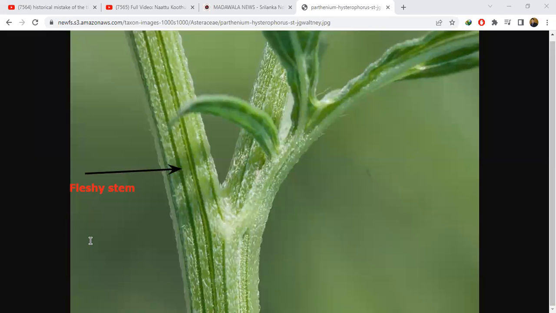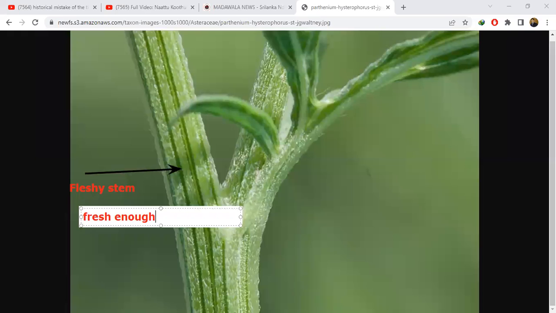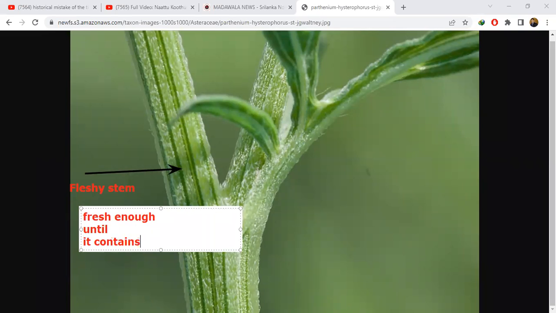If the plant has a fleshy stem, this fleshy stem will be fresh enough until it contains water. If there is water, it will be fresh and straight.